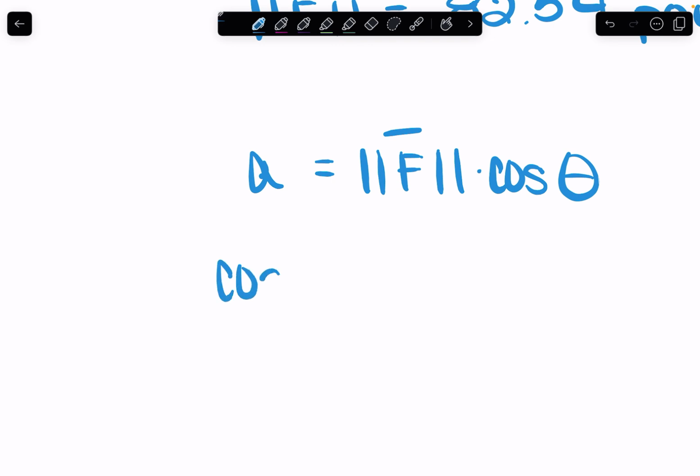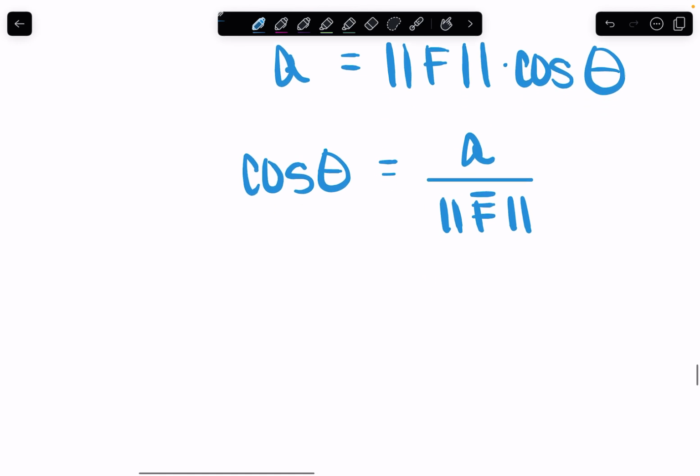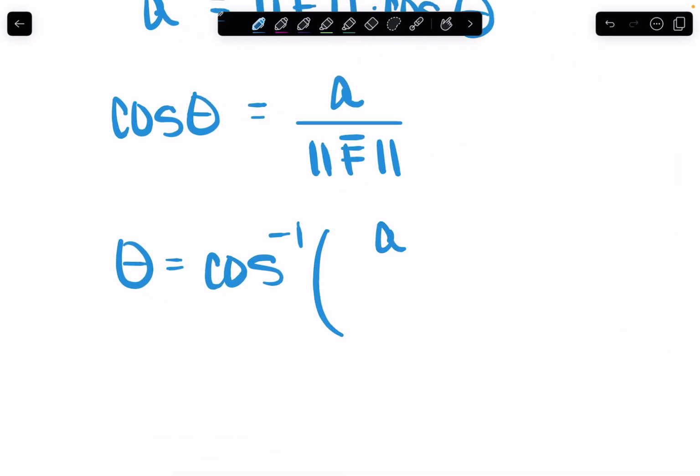So I know that cosine of theta is equal to A divided by the magnitude of that final force F. To undo cosine, we use inverse cosine so that theta is the inverse cosine of this ratio A over magnitude F. You could use sine, but I like cosine better.